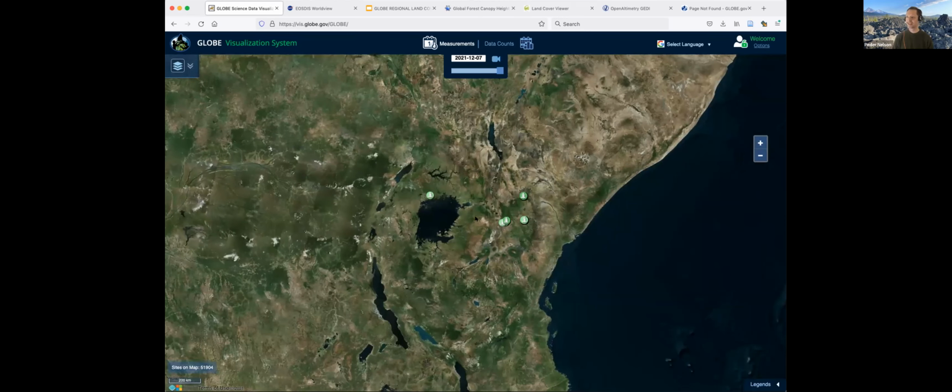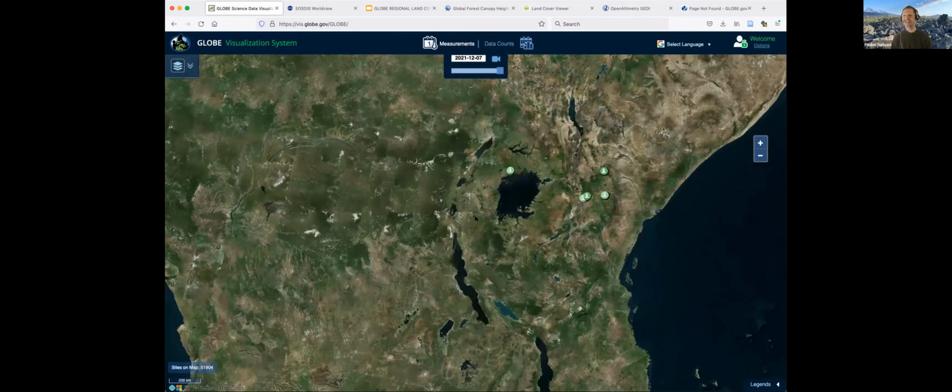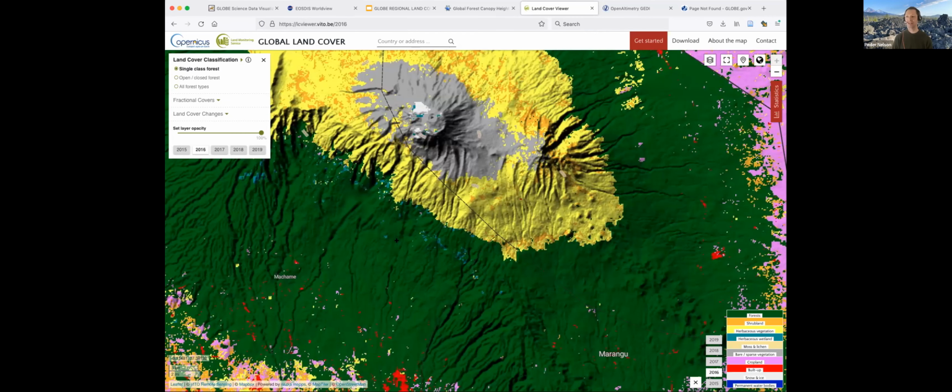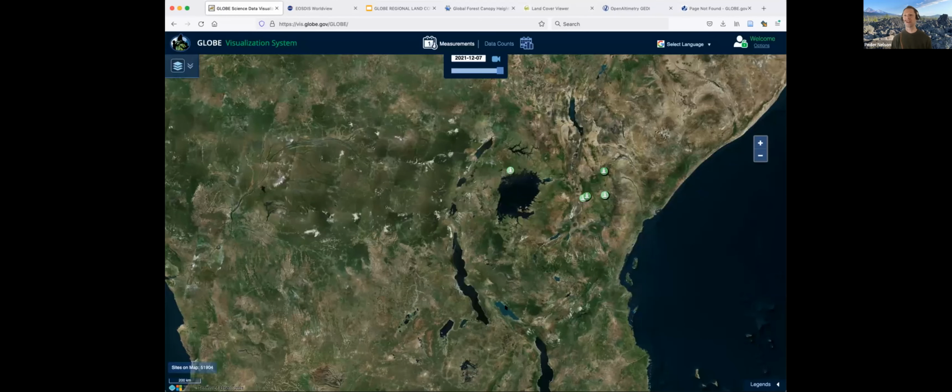So when I look back and try to understand this very simple question about how this landscape has changed since the GLOBE expedition to Kilimanjaro, I find that we don't have a lot of data. We don't have a lot of information to be able to answer this question.